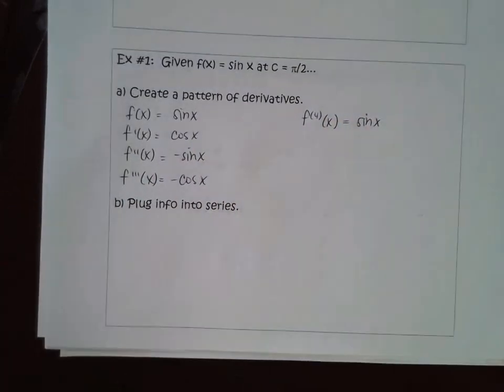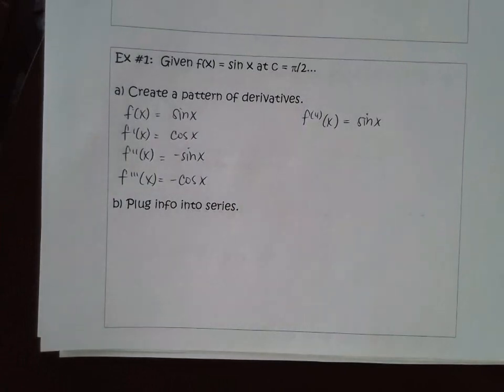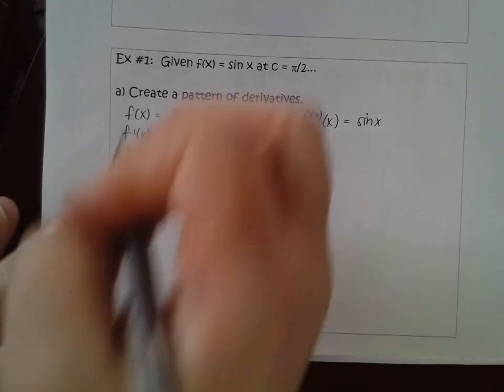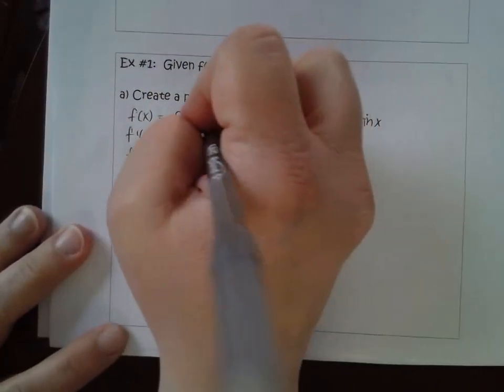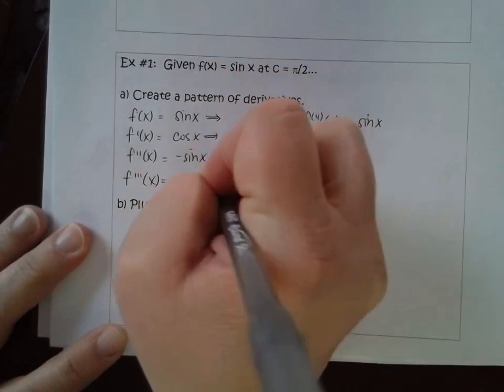And it's within those 4 that the cycle begins to repeat itself. We're going to evaluate each of those at pi over 2, and I'm running a little bit out of room, so I'm just going to assume that each of those had pi over 2 substituted inside.